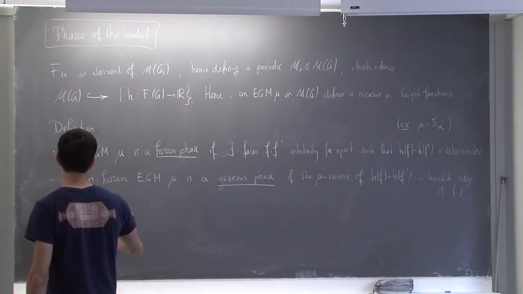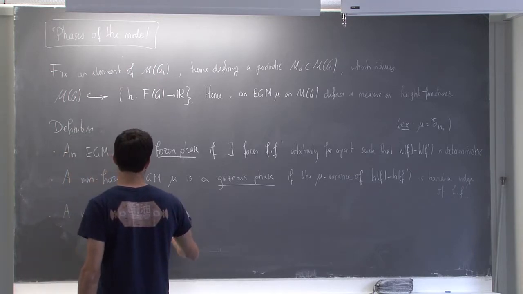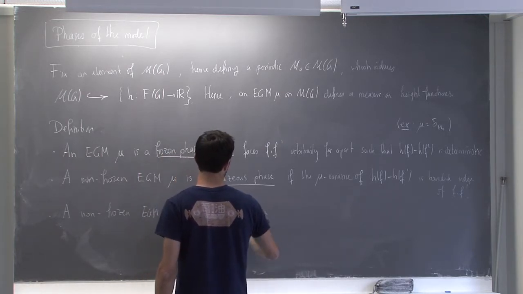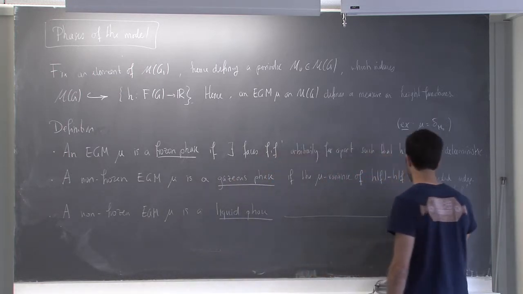And finally, a non-frozen ergodic Gibbs measure mu is a liquid phase if the mu variance here is unbounded.